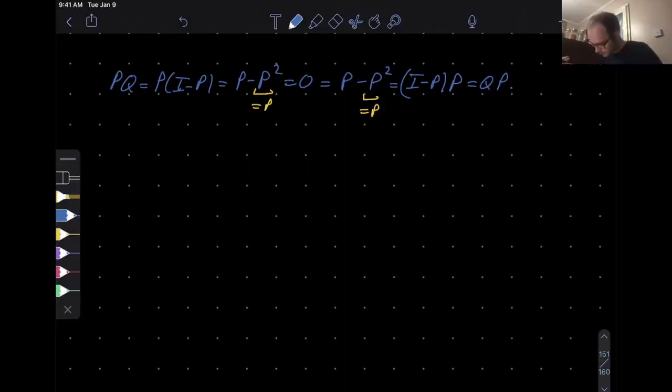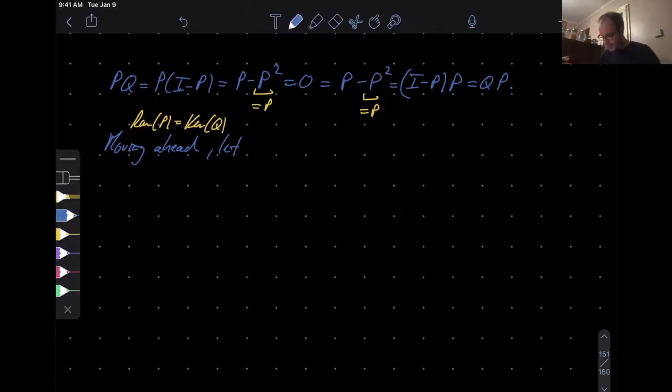Moving ahead, let's see how much time. Oh yeah, maybe we can do 2. Moving ahead, we have to show that the range of P is equal to the kernel of Q. Let's write it here in yellow, so that is the goal.